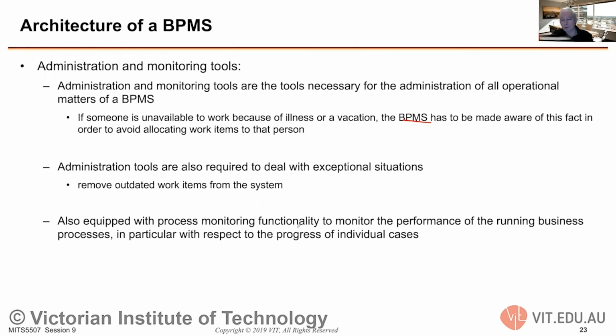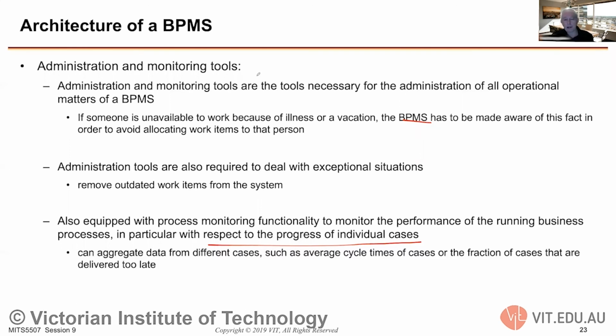You can monitor performance of running business processes, in particular with respect to an individual case. So if a customer rings up and says, look, I've instigated something 2 weeks ago, where is it? Then with these administration and monitoring tools, you can track down exactly where this bit of work has been over the past few weeks and who has worked on it and where it might be now.